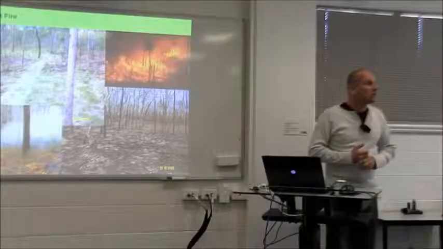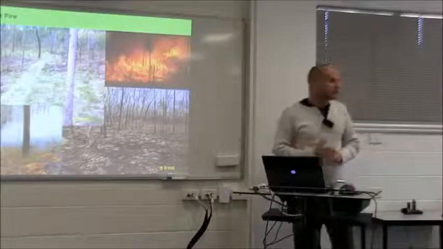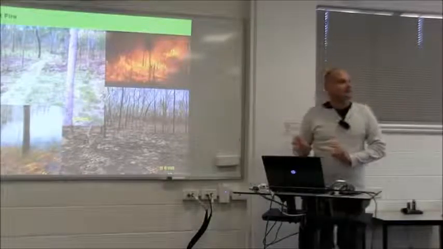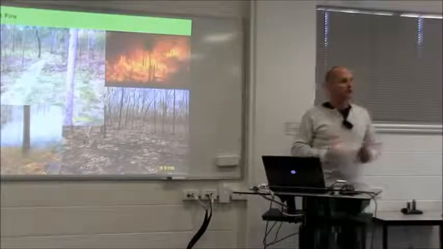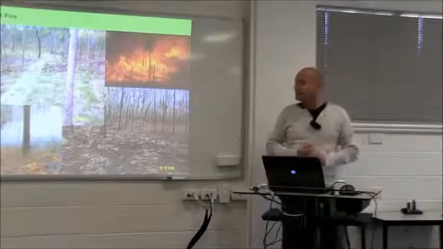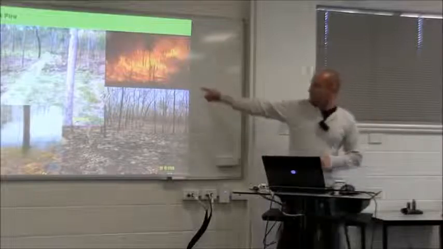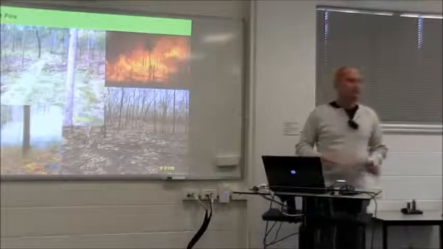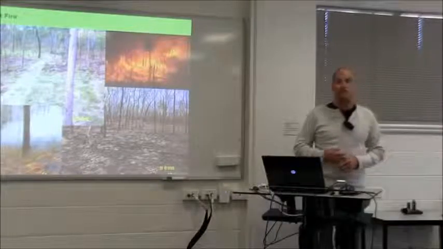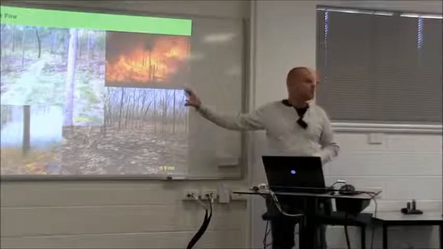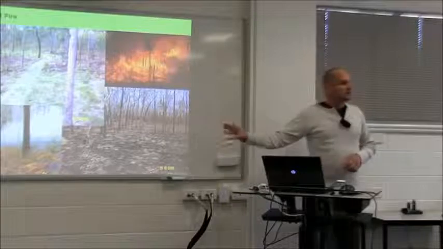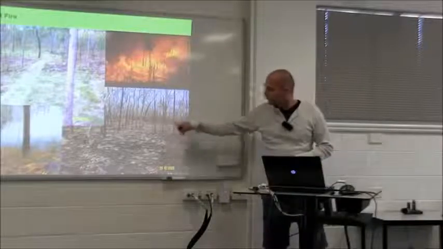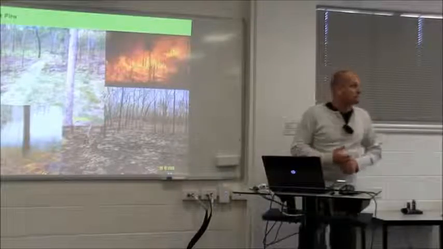And that's quite important from an ecological point of view, because these are places where animals and plants can retreat and then repopulate the burned areas. Or you can have a fire like this one at the top right, which basically kills a lot of the trees. And if you've got repeated fires like that, there won't be any tree left. And you can sort of see an indication of that in the bottom right picture.